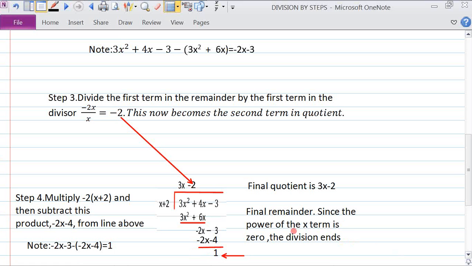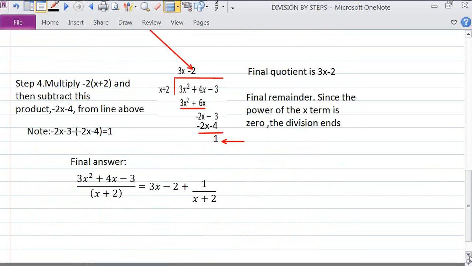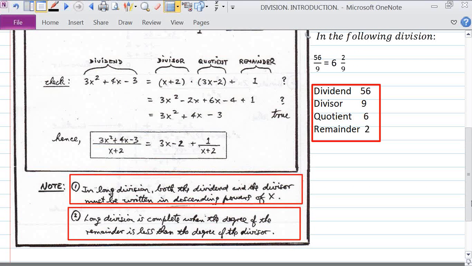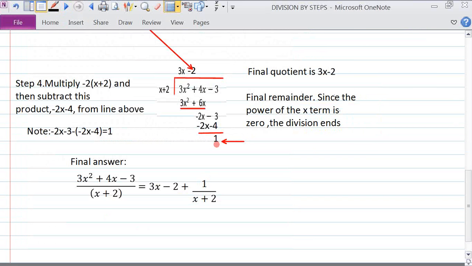And since the power of x term is 0, the division ends because there is a rule. Let me just go back one page and you'll see it in the actual printing. Long division is complete when the degree of the remainder is less than the degree of the divisor. So if we look at this, now this degree is less because it's x to the 0 than the divisor, which is x to the 1.